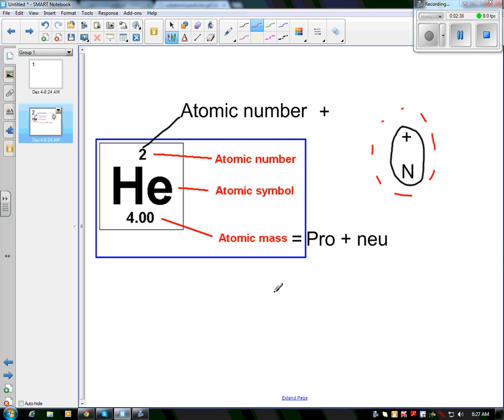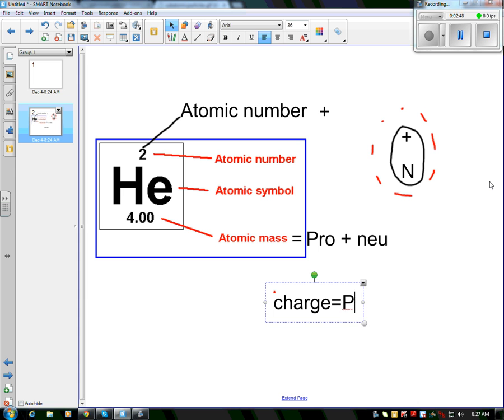So charge equals protons plus electrons. They're equal. So if there's no charge, then you're going to have the exact same number of protons as you do electrons.